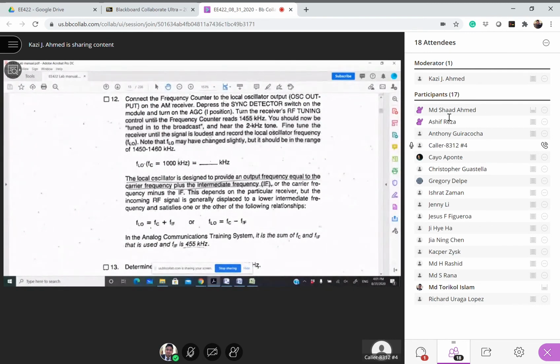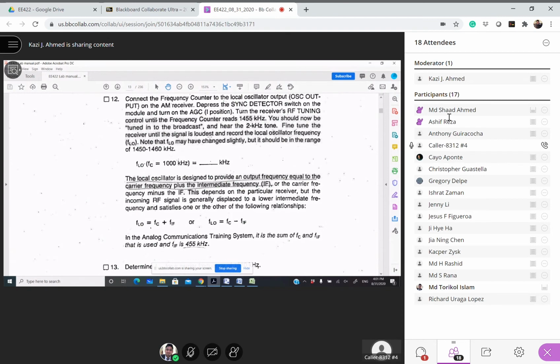When it is tuned right at that spot, you hear the signal the loudest, right? So that means now it is tuned to that particular carrier. So once you tune to the particular carrier, you only receive whatever the carrier is carrying.